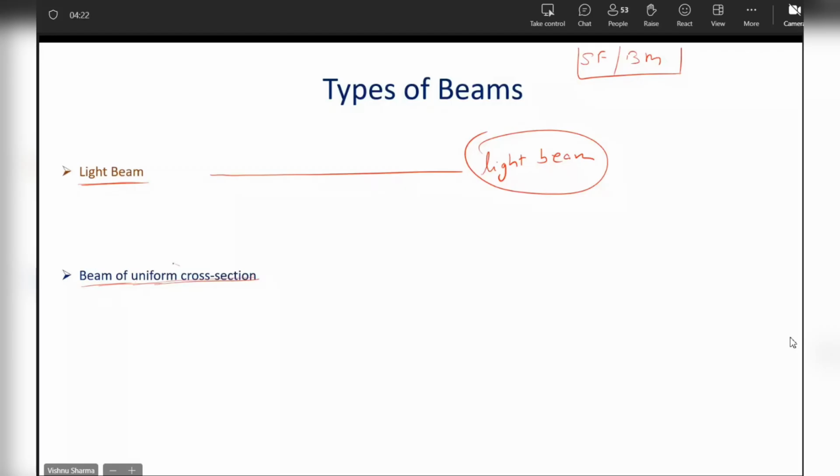But what does uniform cross section mean? That the weight of the beam is uniformly distributed along its length. And if it's a beam of uniform cross section, we will represent it like this.